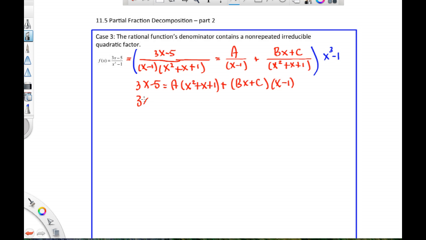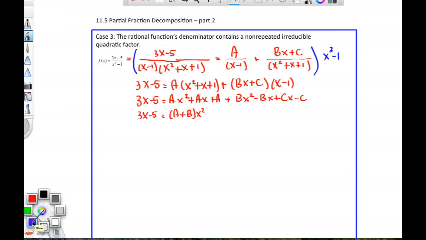That means we have a lot of cleaning up to do, so we need to distribute here, and then group things together that belong together. Anything with a square should come first, so it's a plus b times x squared.